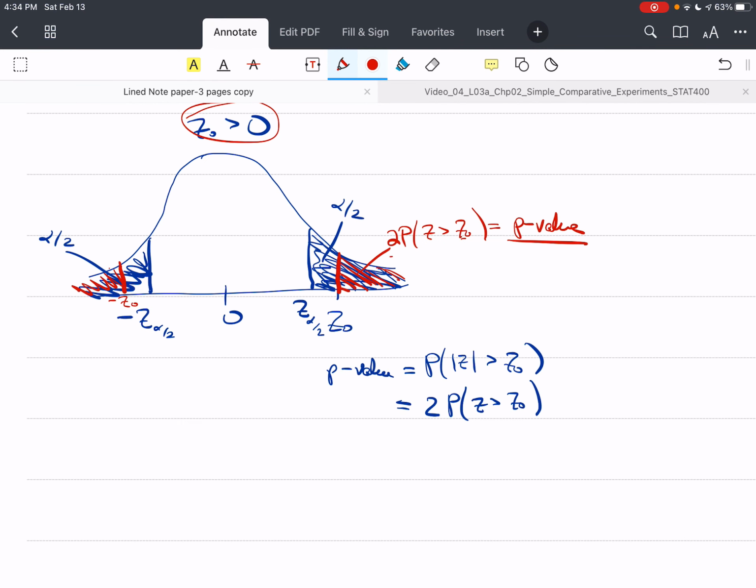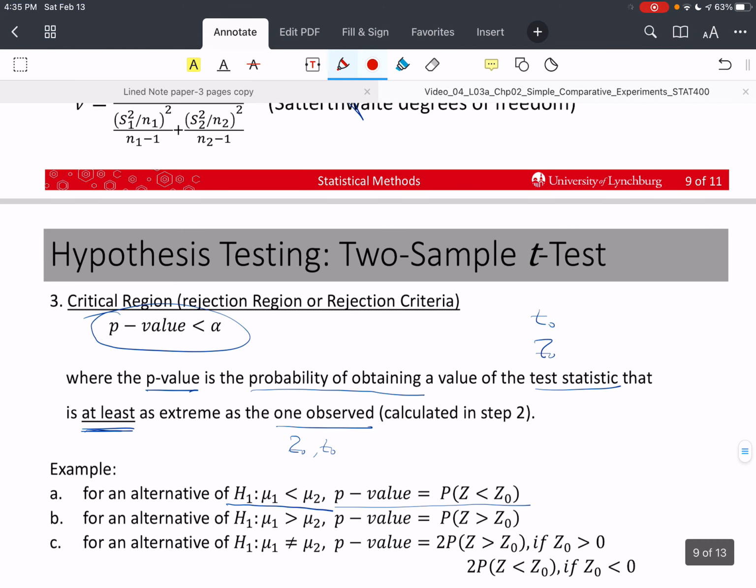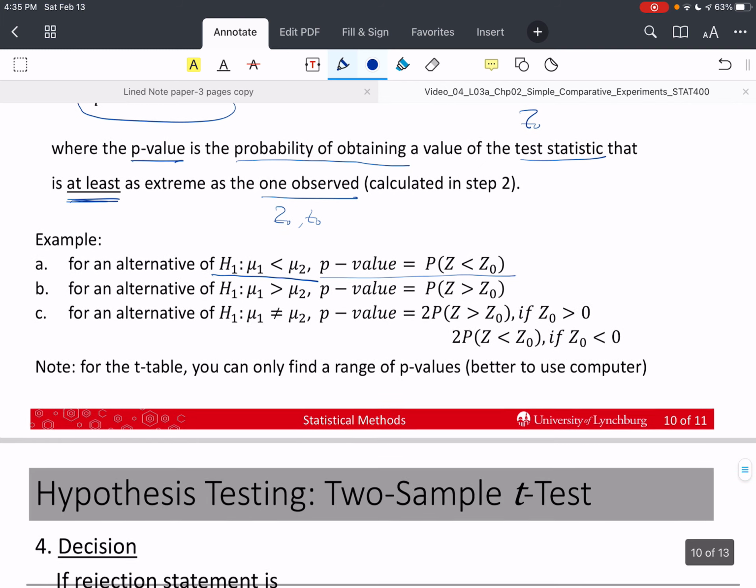So we have to multiply by 2 when we have the not equals to. All right, so I hope that explains the p-value. Most of you have had exposure to this already, but I want to explain it again.